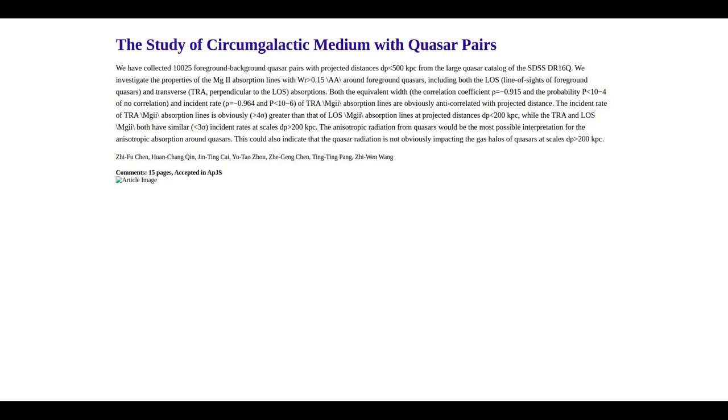The anisotropic radiation from quasars would be the most possible interpretation for the anisotropic absorption around quasars. This could also indicate that the quasar radiation is not obviously impacting the gas halos of quasars at scales dp greater than 200 kpc.